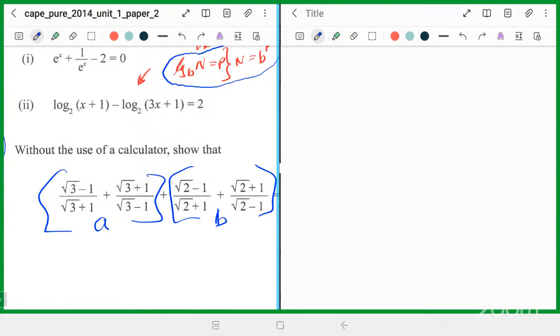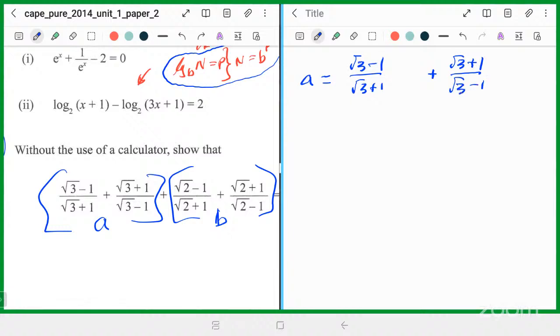So I'm going to say A equals, I'm adding these two now. So A equals root 3 minus 1 over root 3 plus 1 plus, I'm spacing it out so I have space to multiply, root 3 plus 1 over root 3 minus 1.